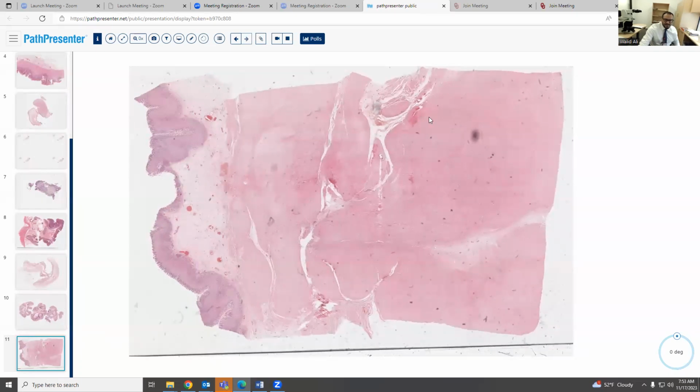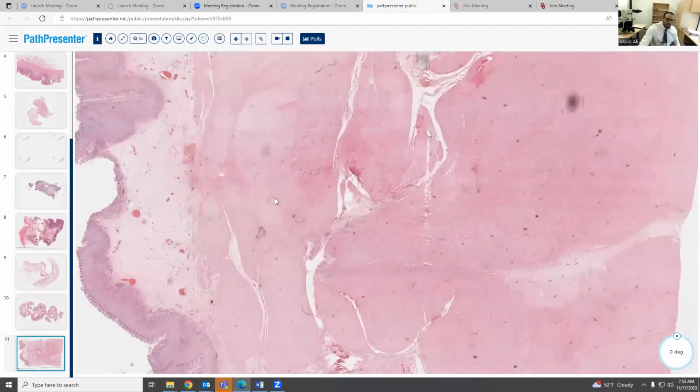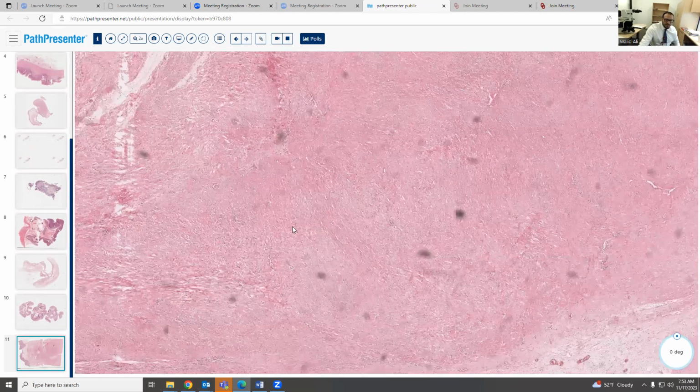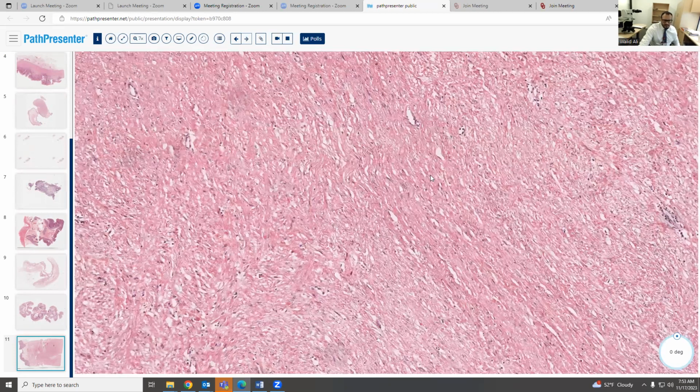We cannot have this size of mass, even if it's muscularis propria, it should be thinner than this. And then when we go to higher power to see the nature of the cells, we see intersecting fascicles of bland spindle cells, and there's no mitosis. It looks like some have tapered ends.